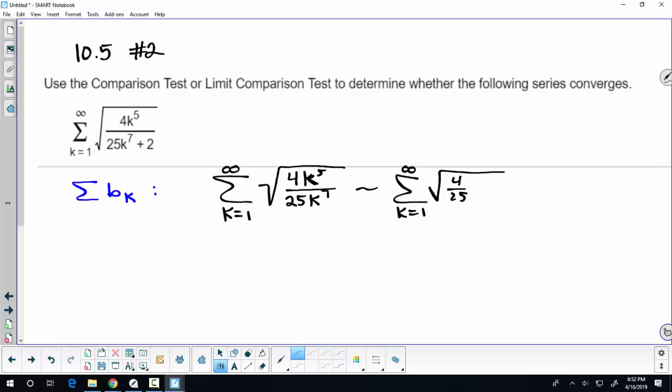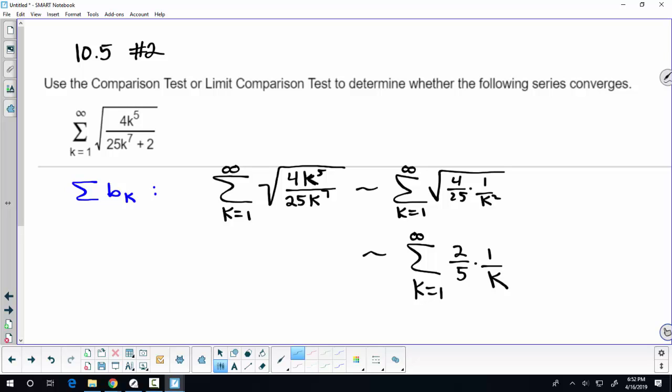And then we have 1 over k squared. So that's comparable. 2 over 5 times 1 over k. Since k is positive, starts at 1, goes to infinity, we don't have to worry about the absolute value. It's squared anyway, so that's what we could compare to.